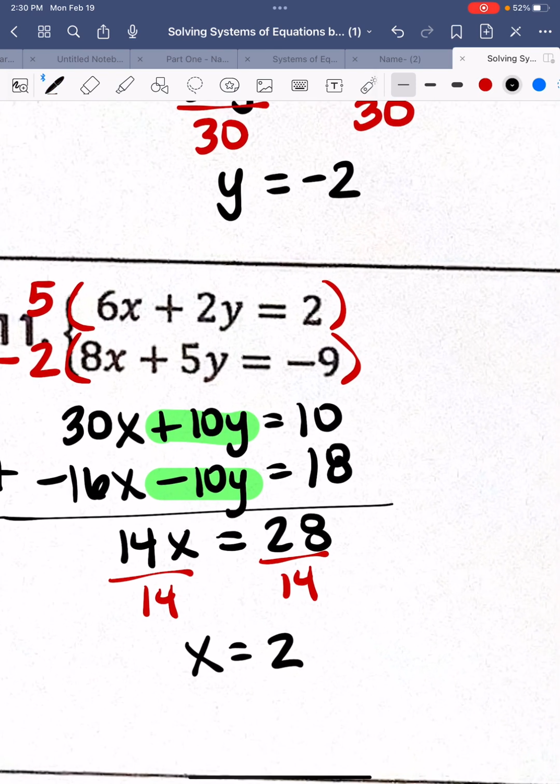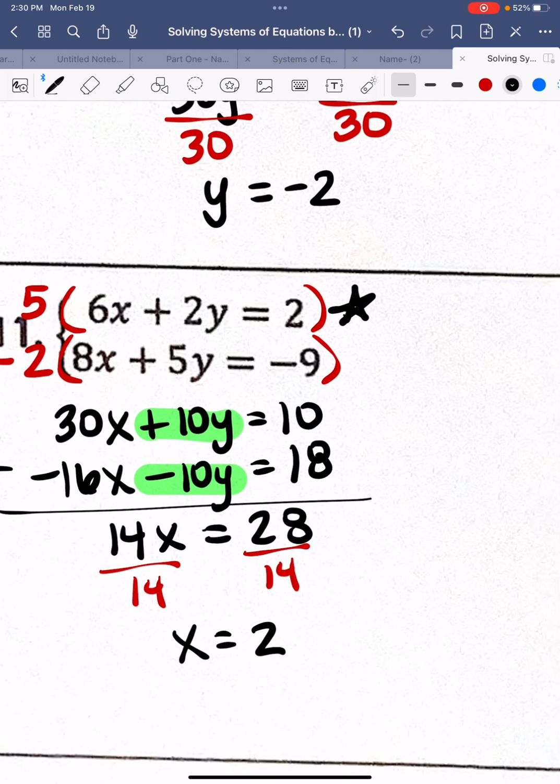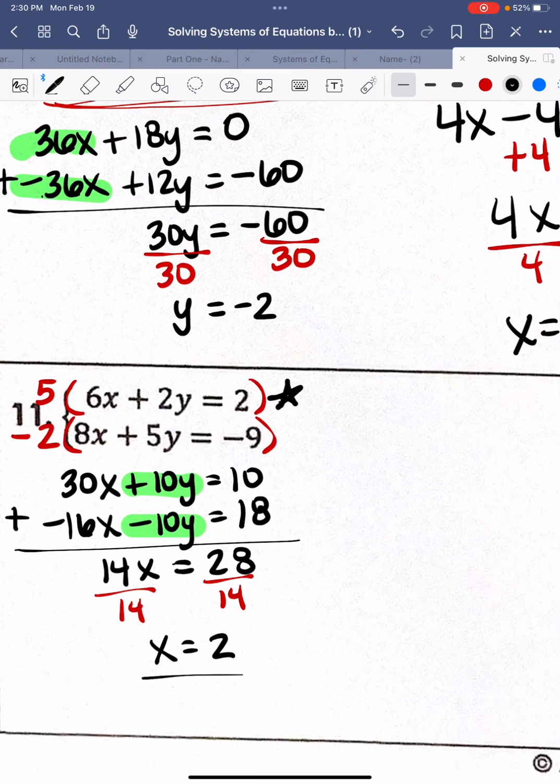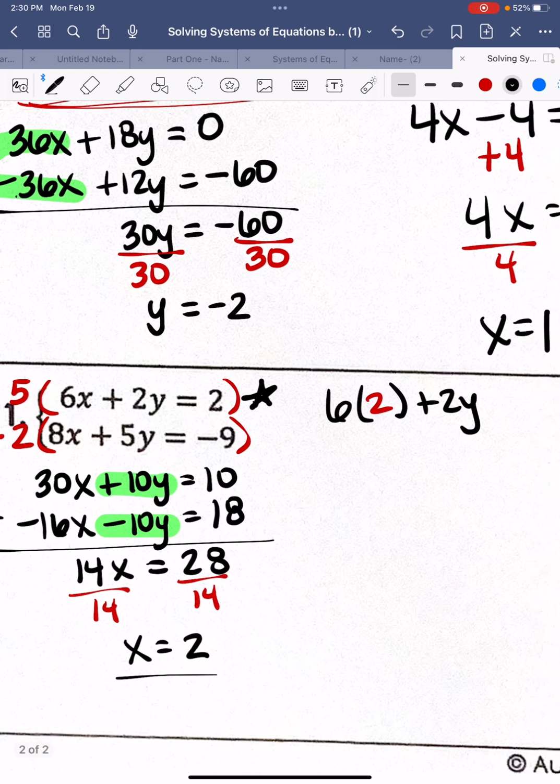So now, again, I can plug it into the top equation, whatever I want. Because I know x is equal to 2, I'm going to have 6 and plug in my x. I don't know what y is, so I still have plus 2y, and it's still equal to 2. You can only type in a certain section in the calculator. That is a 12, and you still have the 2y equal to 2.